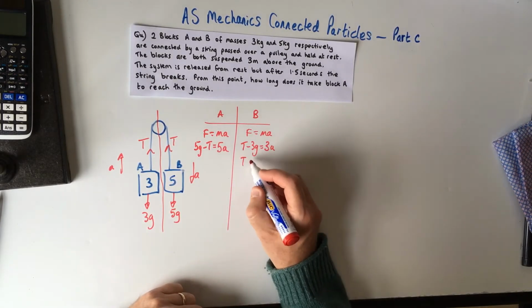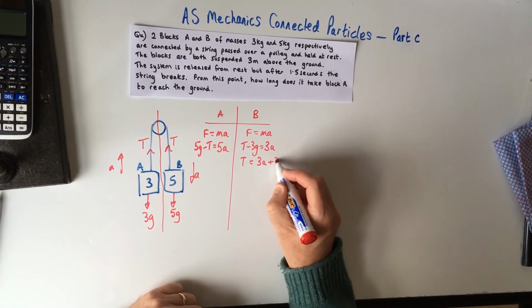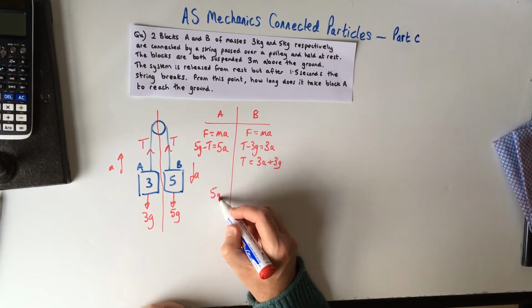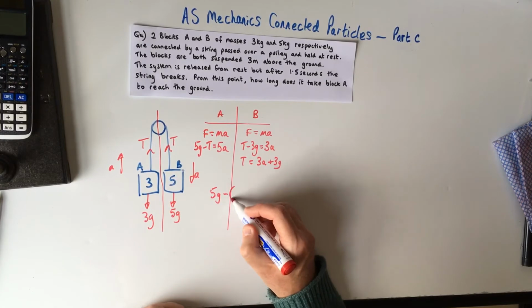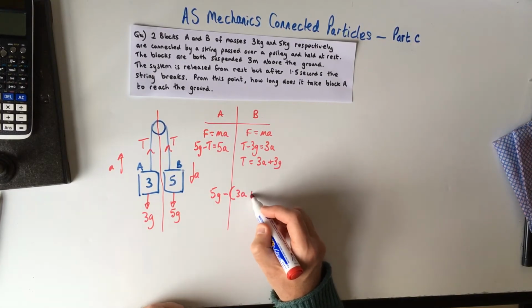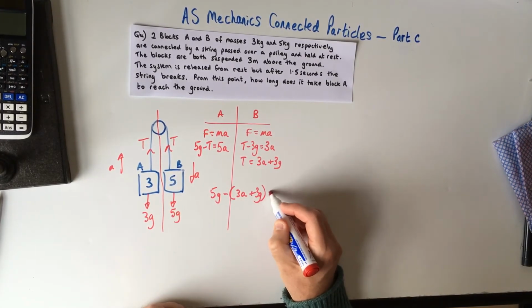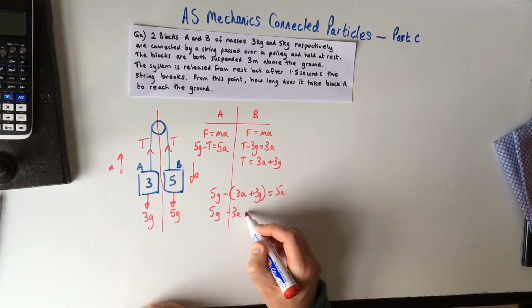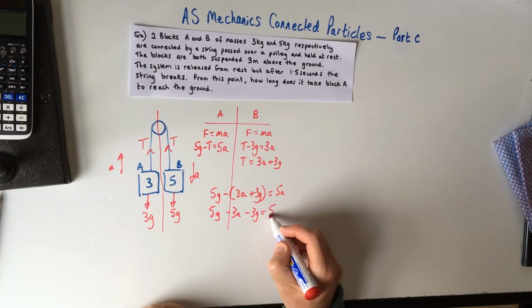We combine those two. If I go T is equal to 3a plus 3g and put it into here, I've now got 5g minus all of this, 3a plus 3g, is equal to 5a. So 5g minus 3a minus 3g is equal to 5a.